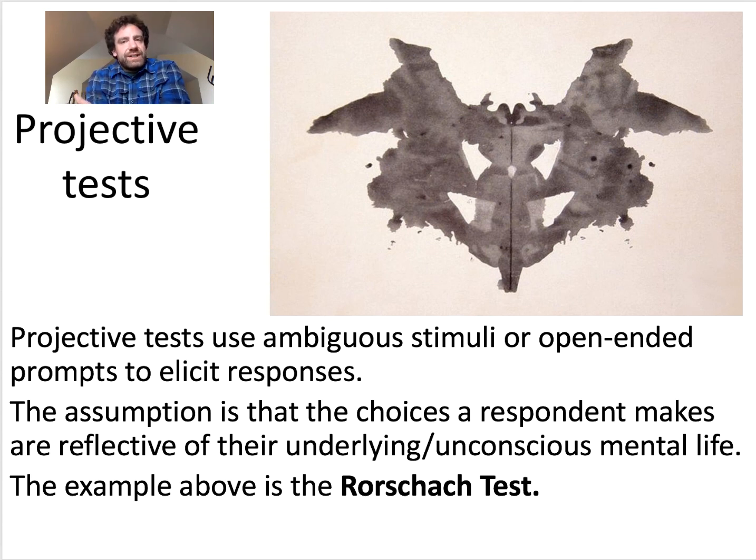The idea is that the decision you make reflects underlying unconscious forces in your personality. In other words, you see what you want to see. So the interpretation of what someone reports seeing in a projective test like this would be focused on trying to infer what the underlying motivation was for the person to see one thing or another.